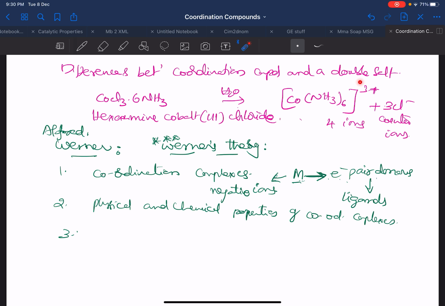So in this hexaammine cobalt(III) ion, cobalt is the central metal atom, which is involved in the coordinate covalent bond with ammonia as well as the ionic bond with Cl minus ions.